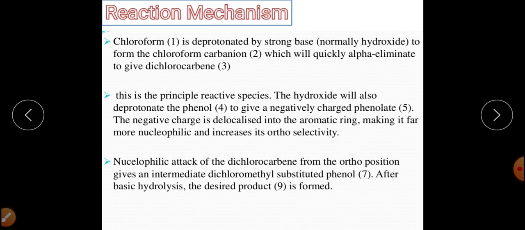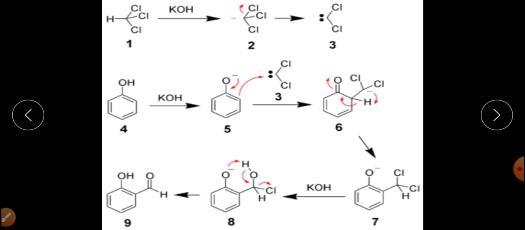So phenol will get converted into phenoxide ion. The phenoxide ion will react with the dichlorocarbene, which is the intermediate in the reaction, and finally you will insert the CHO group ortho to the hydroxyl group on the benzene. This is the mechanism of the reaction.